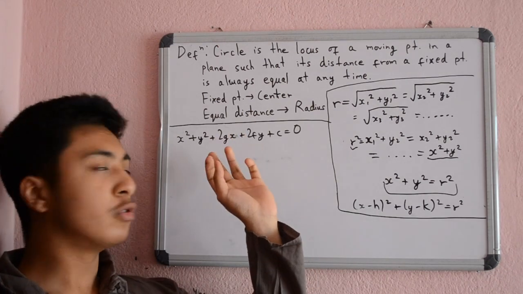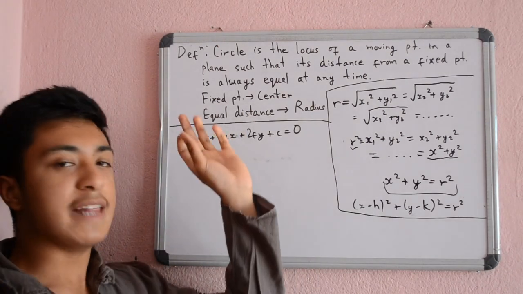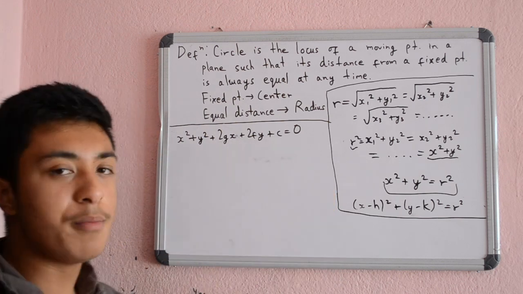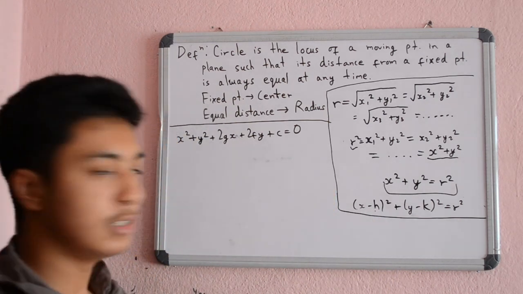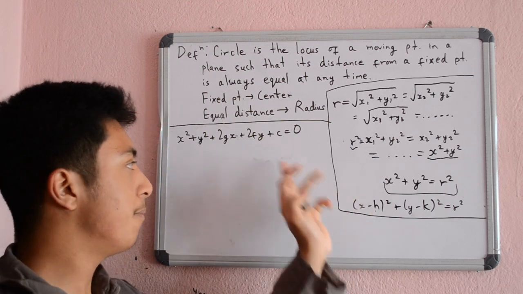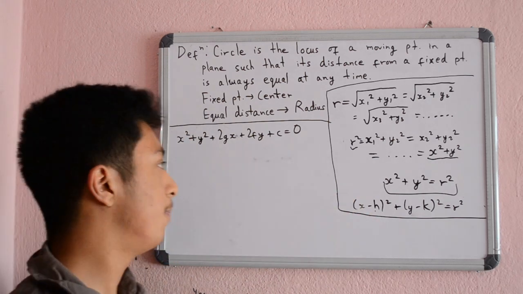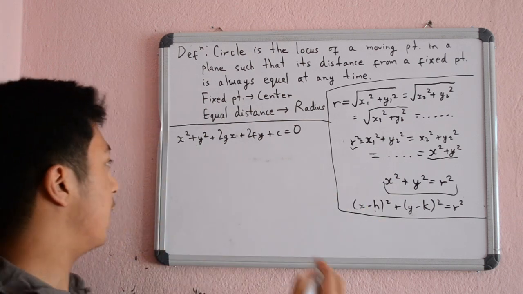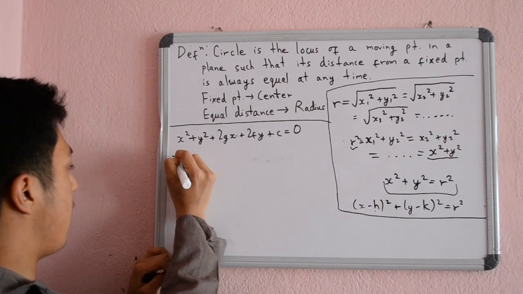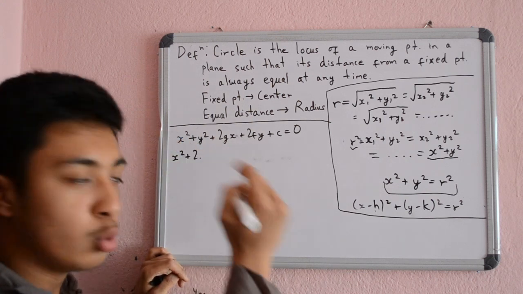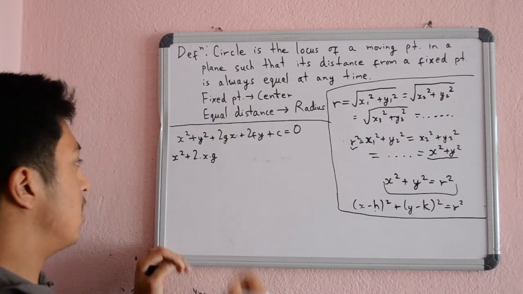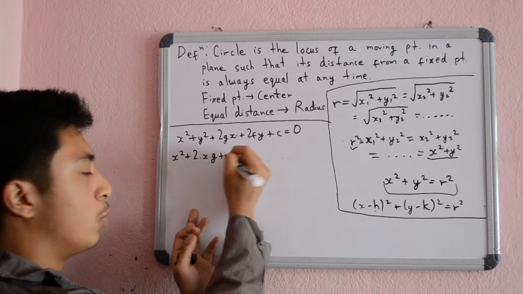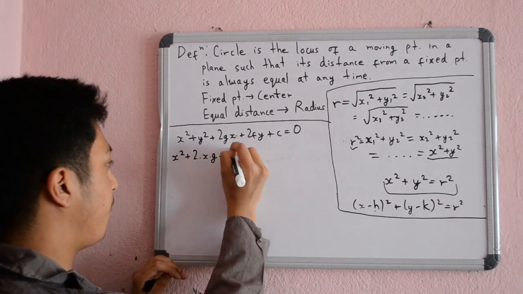In order to find the center and the radius for this equation of the circle, you have to somehow make it in the form of this over here, such that you can simply compare them and get the center and the radius. So right here, all you need to do is simply complete the square. For the x, we have x square plus 2 into x into g. This is like a square plus 2ab, plus we need the b square, which is g square.